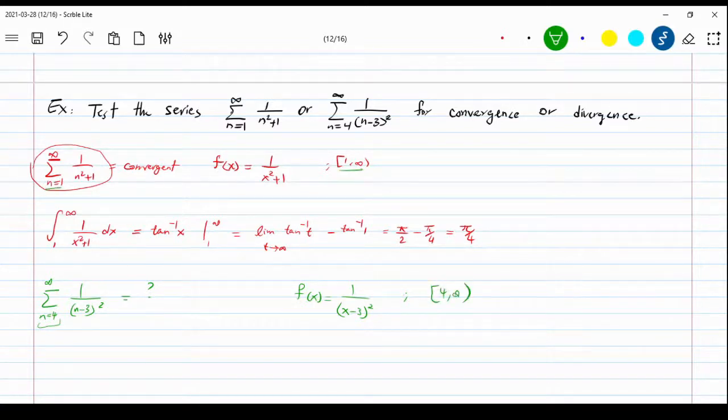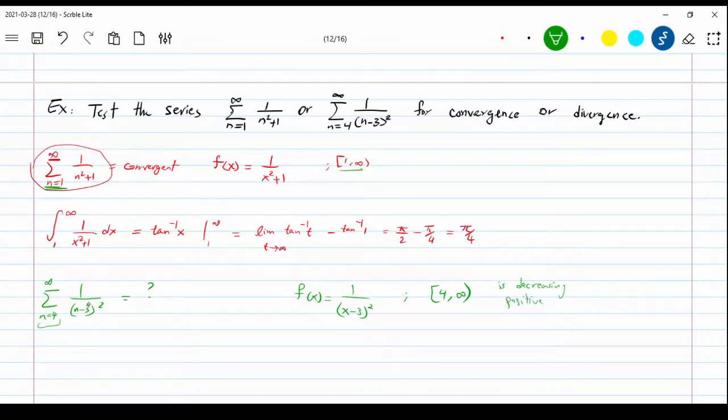Even if this was 2 or 3, it doesn't really matter. In this case, 3 is not possible because you get 0. But you can always assume that this starts from some constant 5, 6, whatever, up to infinity. So I will look at the function in this interval and say, okay, the function is decreasing, since if you increase the denominator, the fraction will decrease. The function is always positive.